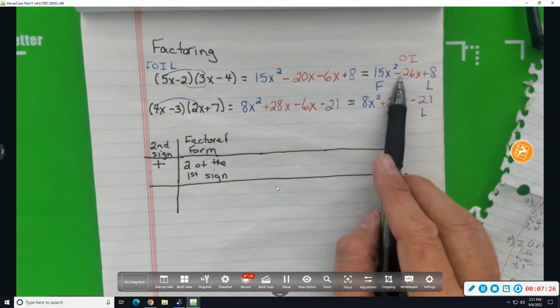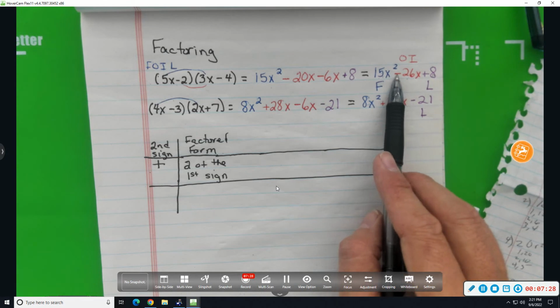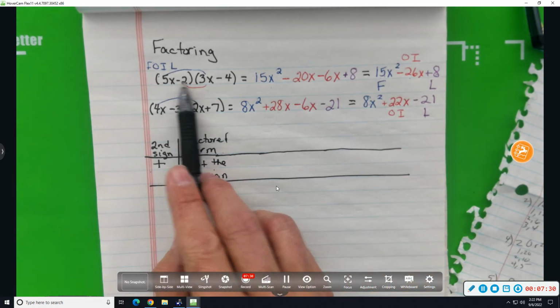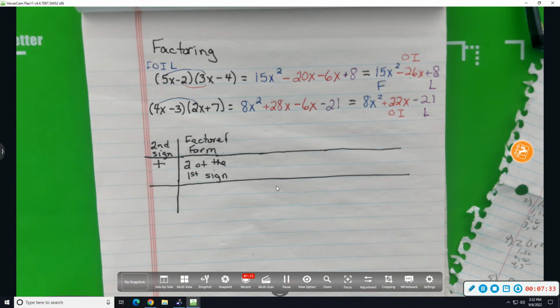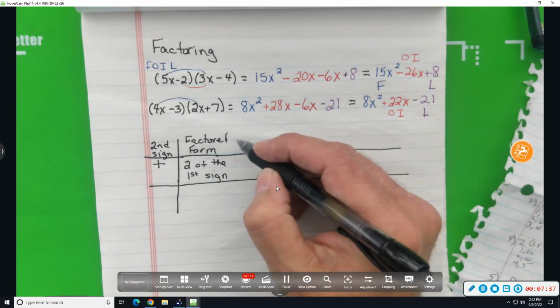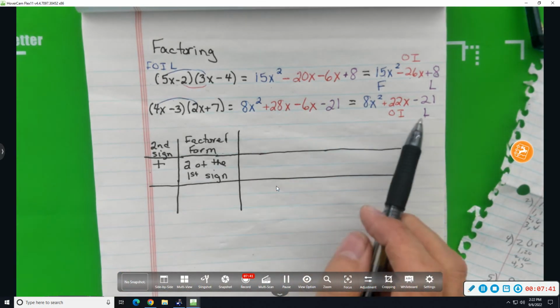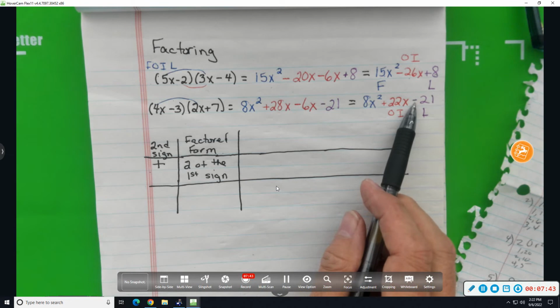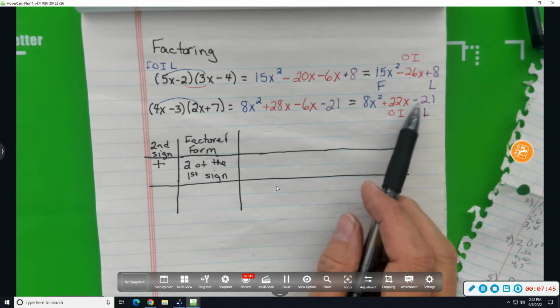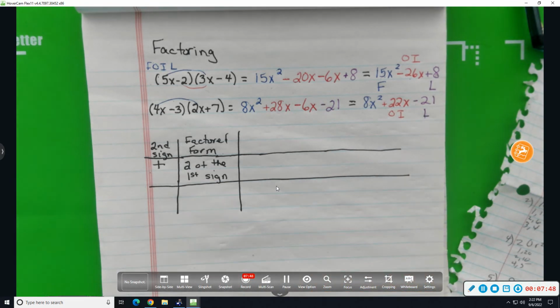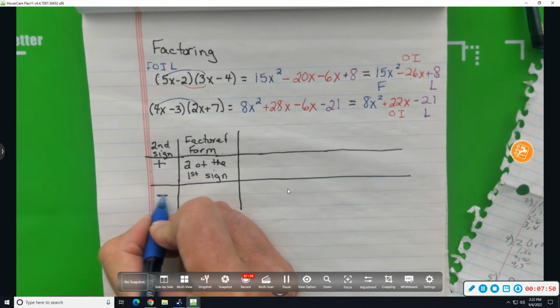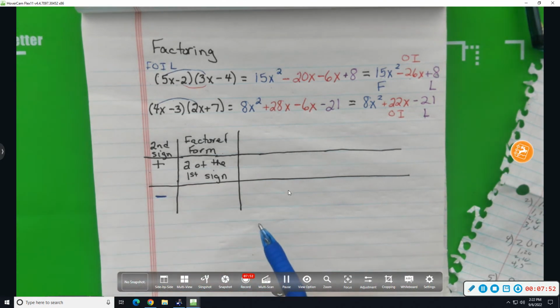If this negative 26 had been a plus 26, then that would mean we would need a plus here and here. And you'll see that better once we actually start doing an example. If the second sign, in the negative 21, is a minus, the only way you can get a negative product is to have a negative multiplied by a positive.